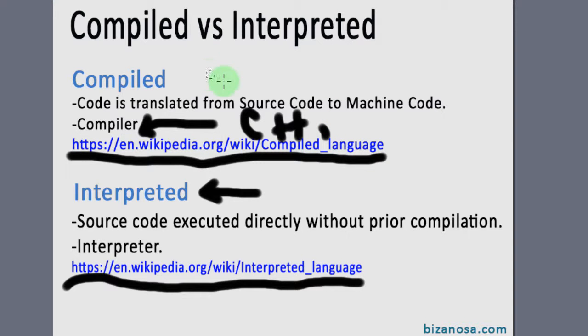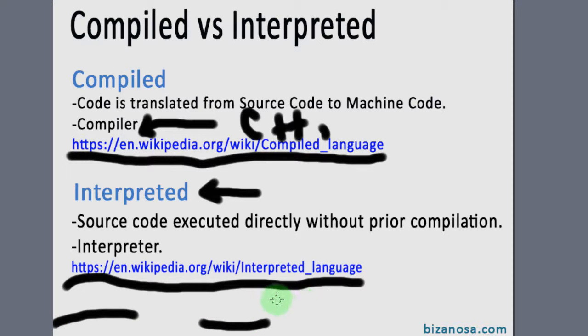Those are compiled languages because you have to compile them first before you can run them. Java, to some extent, is compiled, although it is compiled into bytecode, which will still be run in the Java virtual machine, the JVM.